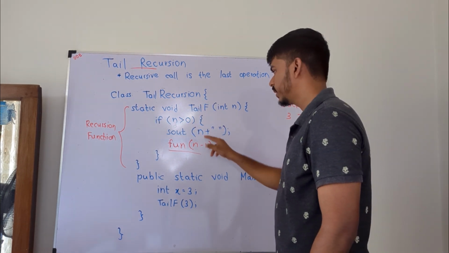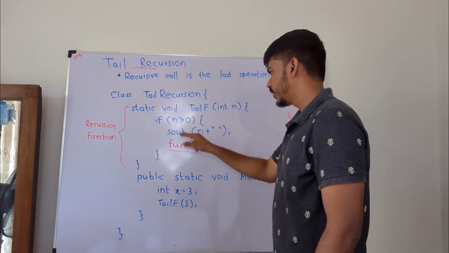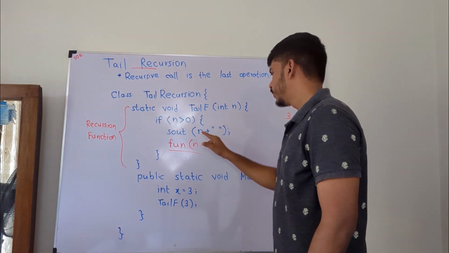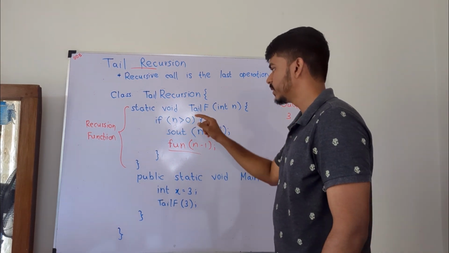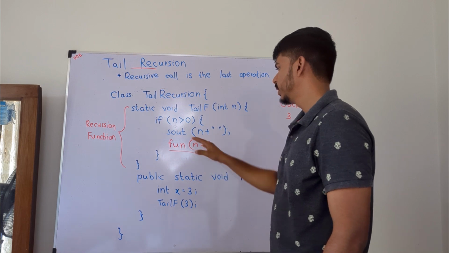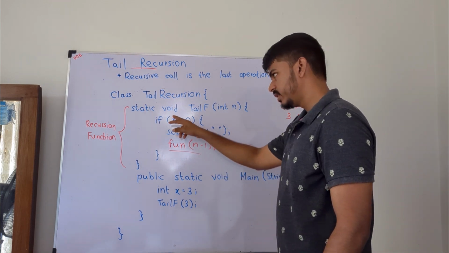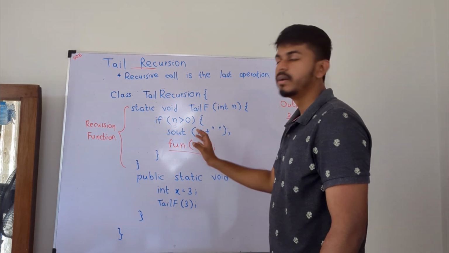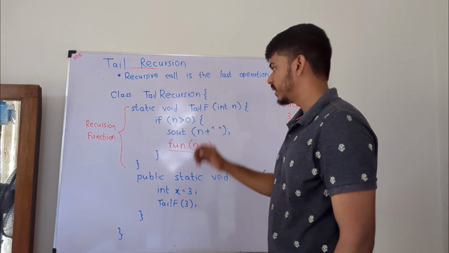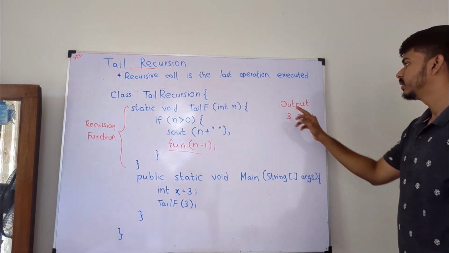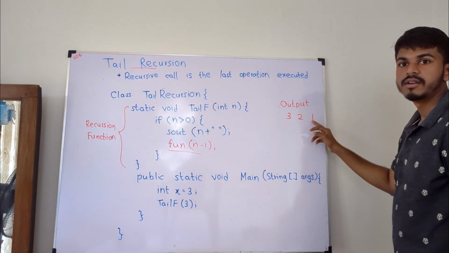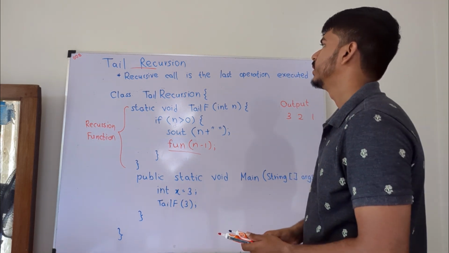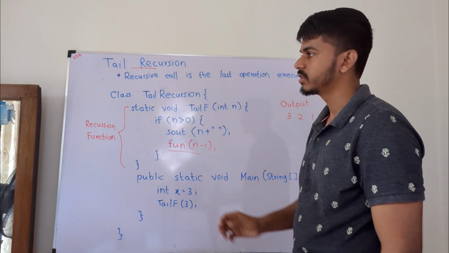Yes, print that number also. 1 minus 1 is 0. Is 0 greater than 0? No, that is the base case, then it returns. So the output is going to be 3, then 2, then 1. That is the tail recursion function.